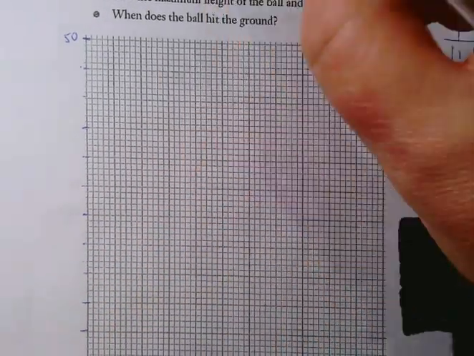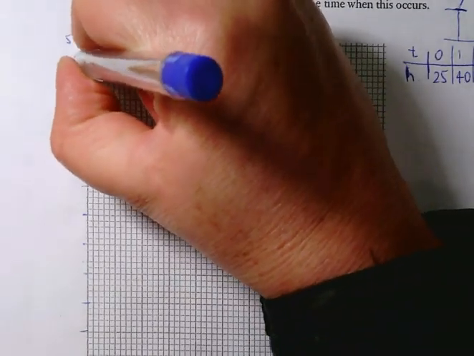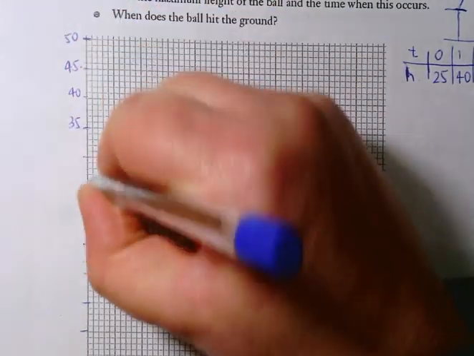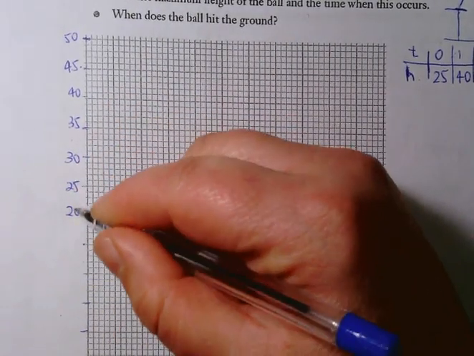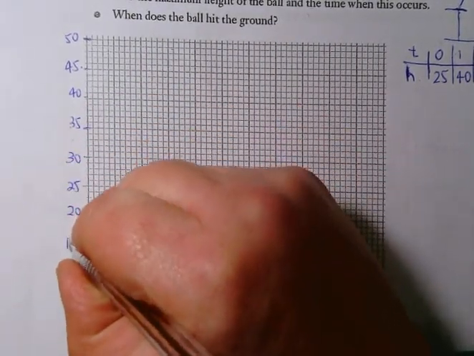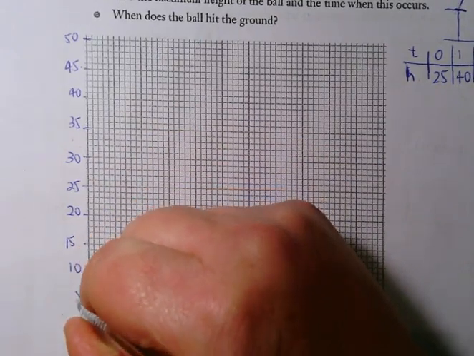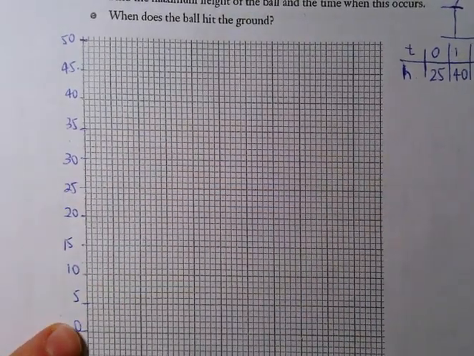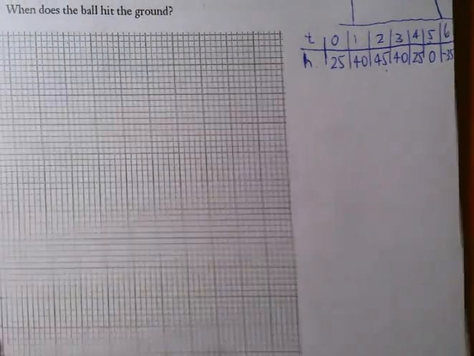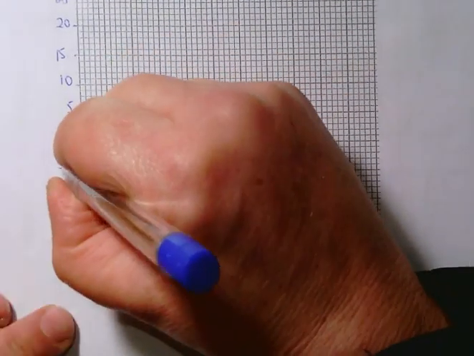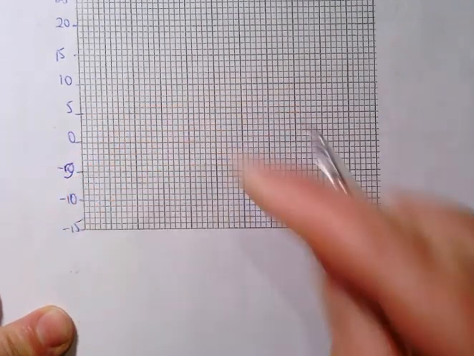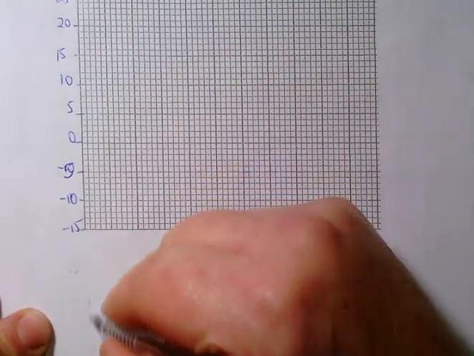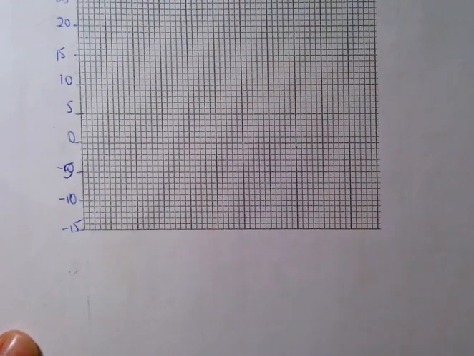I might go 45, 40, 35, 30, 25, 20, 15, 10, 5, 0. I know I'm not going to get negative 35, okay? I know that's not going to happen. And negative 5, negative 10, negative 15, and so on. Negative 35 is going to be down here somewhere, but I'm not going to worry about it, okay?